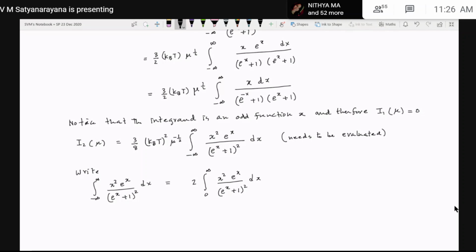So we have to just evaluate this one, because this is an even function. I can always write it like this.